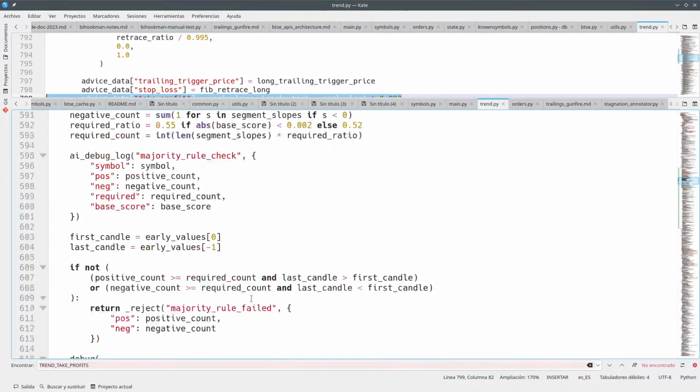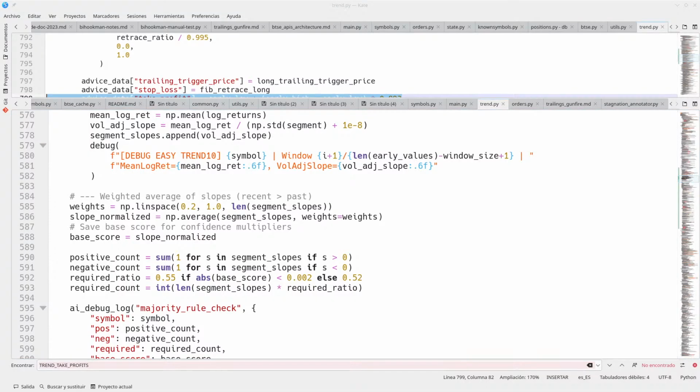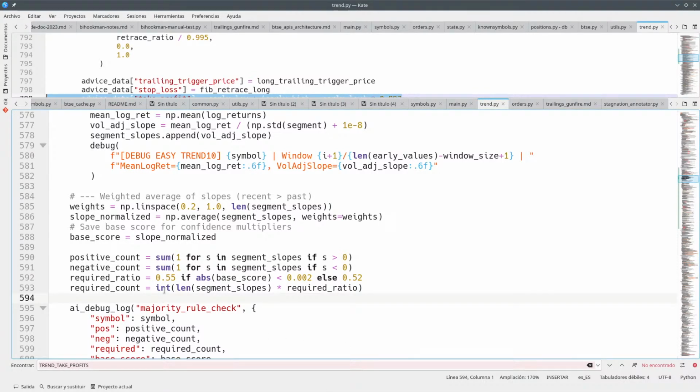So I don't think we are doing anything that helps us to do any of this.